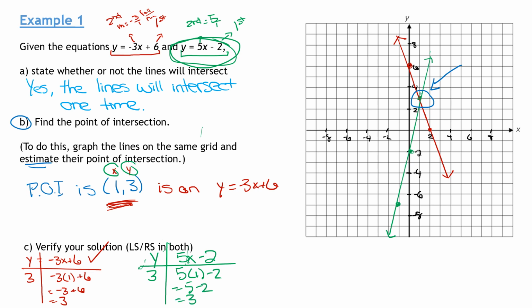So since I got left side equals right side for both, you have to check both. If I only check one, then it's only on one line. Since left side equals right side for both equations, and the short form for equations is this, since left side equals right side for both equations, then that means 1, 3 is on both lines.